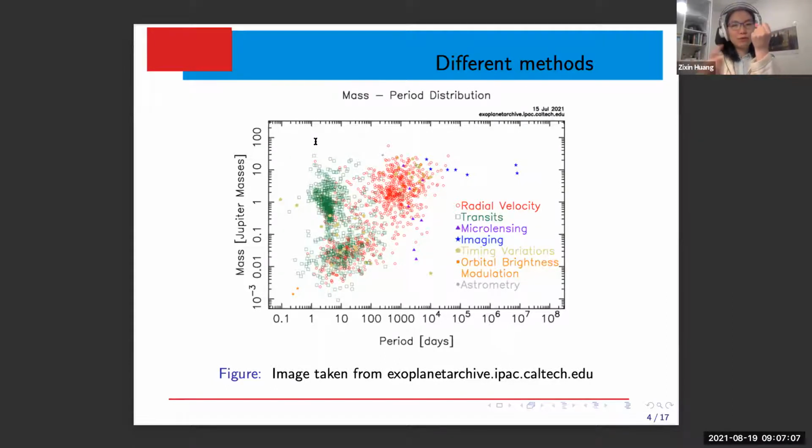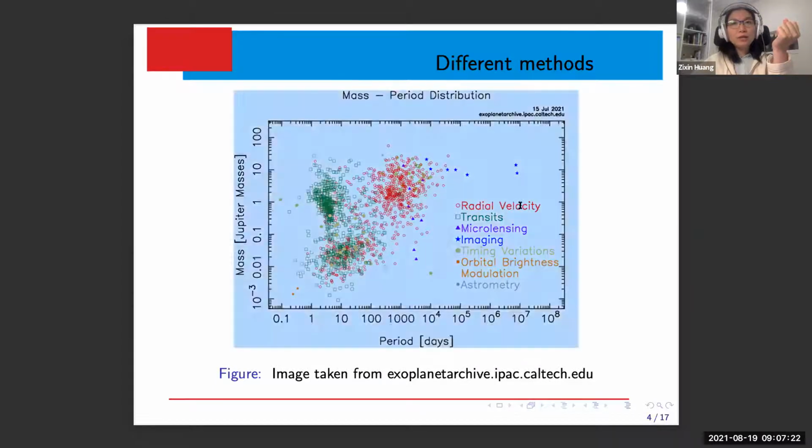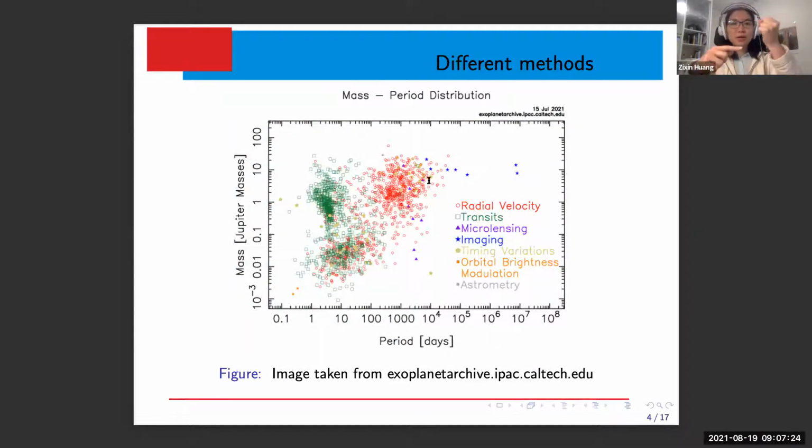That's when you have a planet making a transit in front of the star, and there will be a temporal dip in the intensity of the star due to the fact that something that's dark is blocking it. Or you have radial velocity, which is looking at the motion of the star in response to something that's orbiting it. So you're looking at effectively the Doppler shift of the star spectrum.